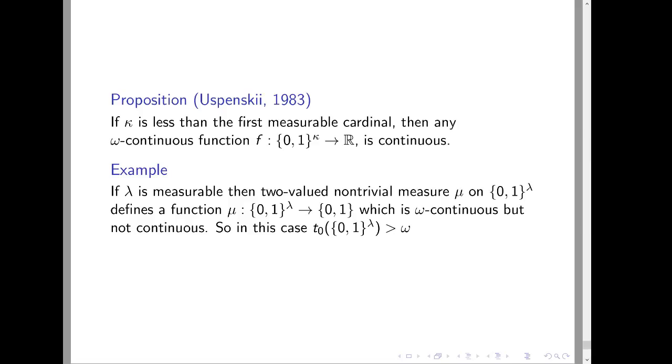And it can be proved, it is not very difficult, that this function is omega continuous but not continuous. So this gives you that the functional tightness of this cube is uncountable, although each factor space has, of course, countable functional tightness, so it is unproductive.